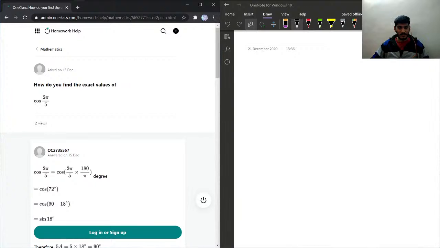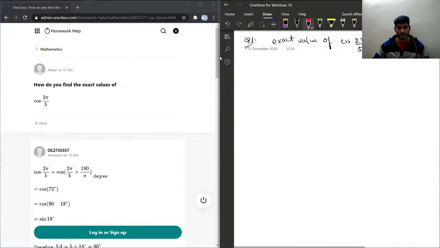So this is question number 1. We need to find the exact value of cos 2 pi by 5. I'll just convert 2 pi into degrees.